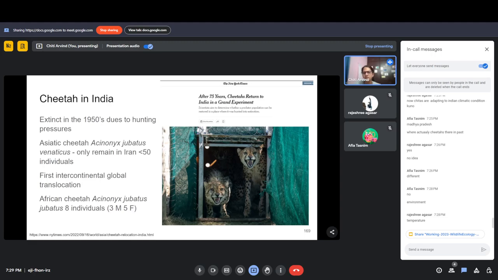So there are a number of factors. Of course, this has been a huge project that has involved several people from the government and the wildlife and biological research side in India to facilitate the cheetah introduction, cheetah translocation in India.